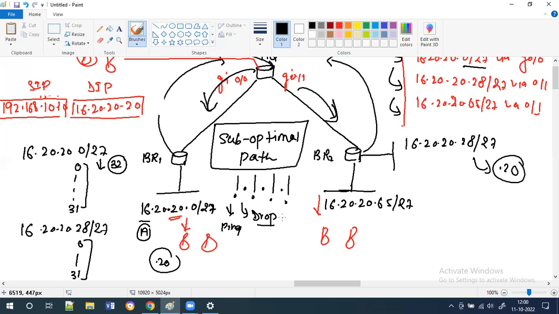If I call ABC, now 4 people raise a hand: okay, I am also ABC, I am also ABC. Now who will reply to me? So this is the problem with the suboptimal path. This is the problem with the subnet when we use the same subnet at other places in the same network. In that case, we'll get the suboptimal path, right?